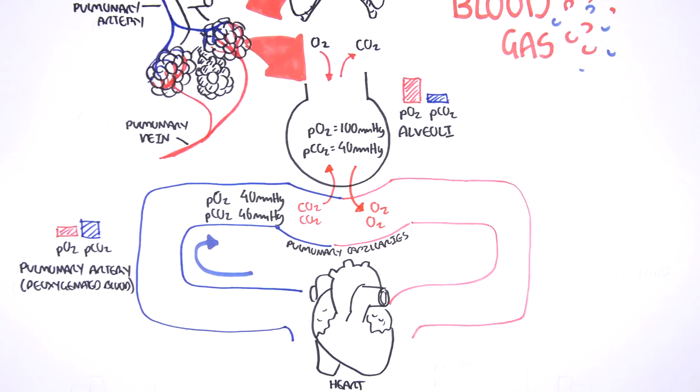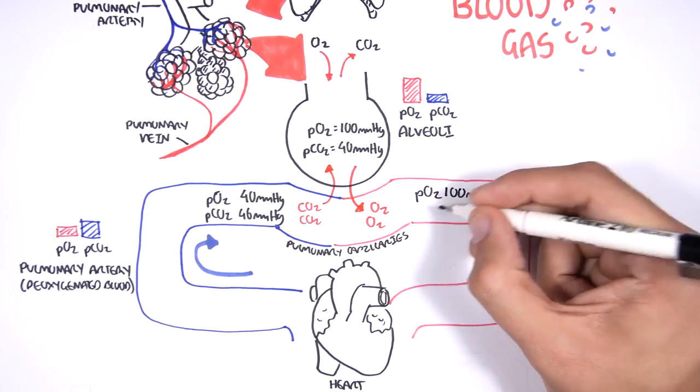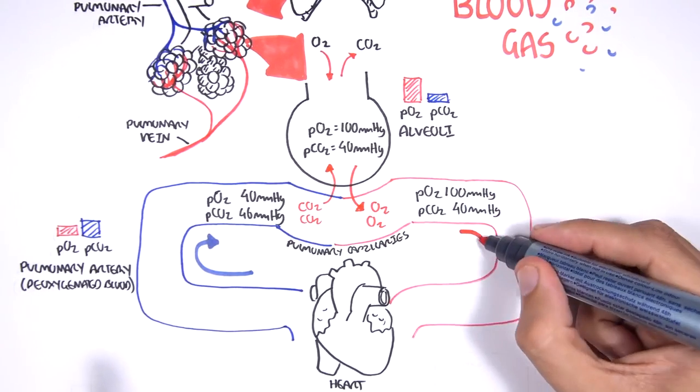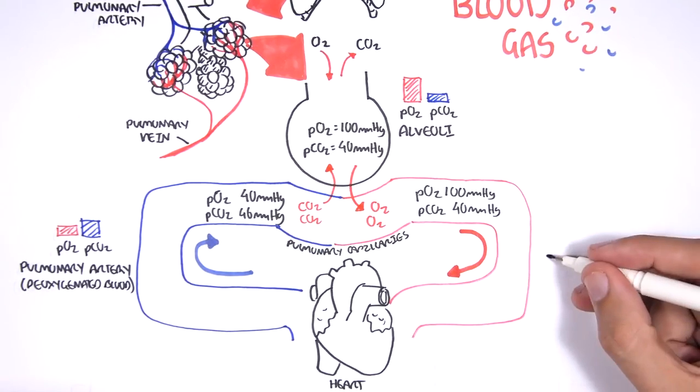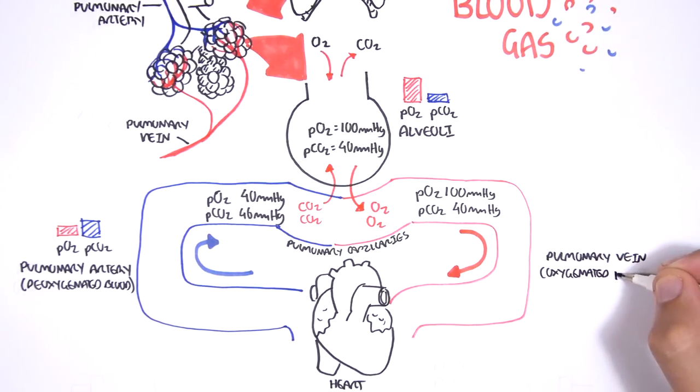And this is how the deoxygenated blood supply becomes reoxygenated. So the new partial pressure in this reoxygenated blood is oxygen of about 100 millimeters mercury, and the partial pressure of carbon dioxide, which is now 40 millimeters mercury. So there is a higher partial pressure of oxygen than there is carbon dioxide.